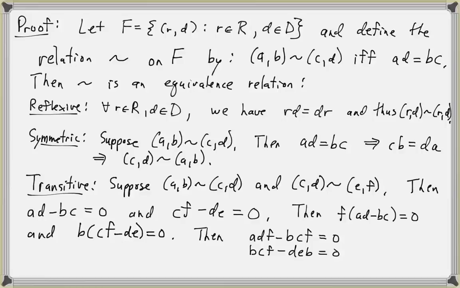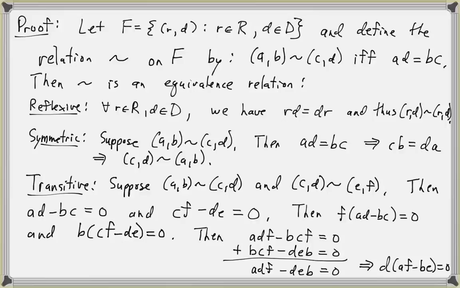But if we add these two equations together, we obtain ADF minus DEB equals 0. And if we factor out a D, this implies that D times (AF minus BE) equals 0.